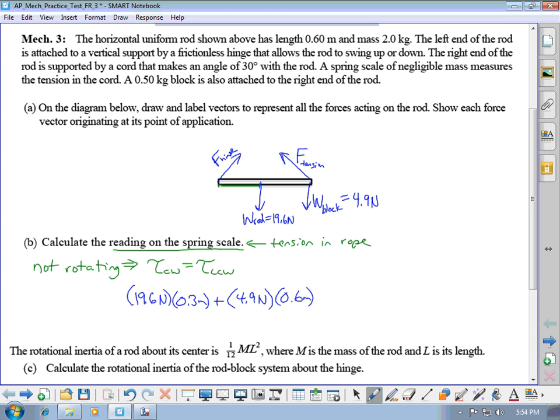Again, our point of rotation is right here at this hinge, and so torque is R times the perpendicular component of the force. All of the force is perpendicular to the R vector, and so R is how far from the axis of rotation the force is being applied.